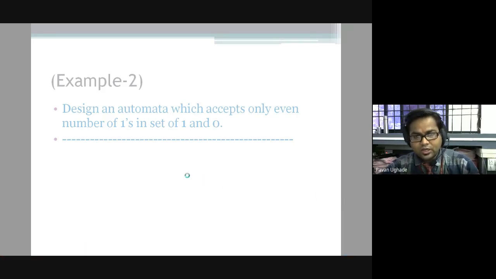If you have the answers for this, do one thing. Draw the transition table and show the transitions for the same question.